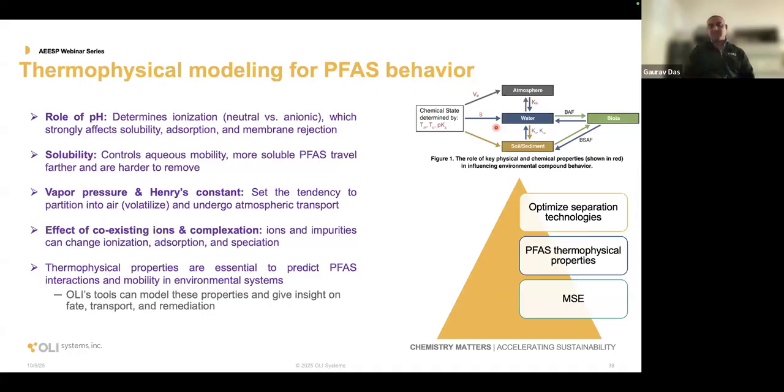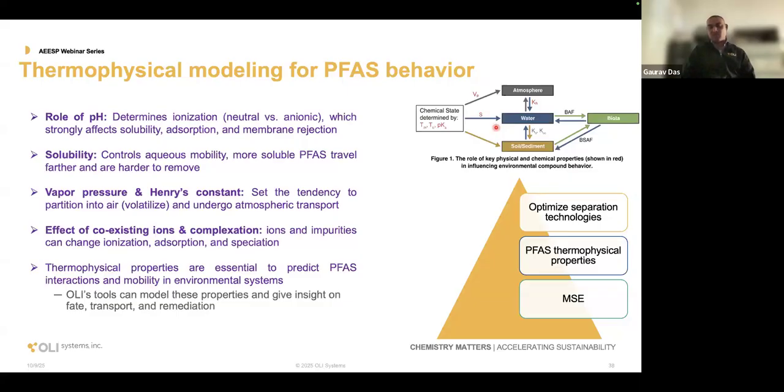More solubility of these PFAS compounds will actually make them harder to remove because they will accumulate in water at greater concentrations. Also, vapor pressure and Henry's law constant are very important, which gives the partitioning of the compound and allows these compounds to be available in the air.